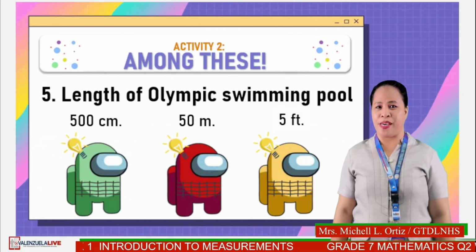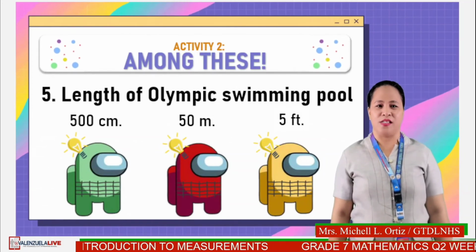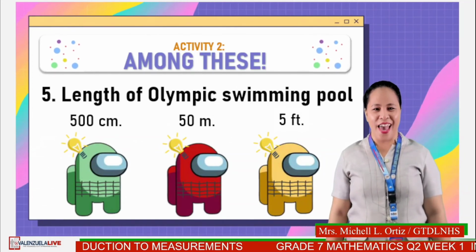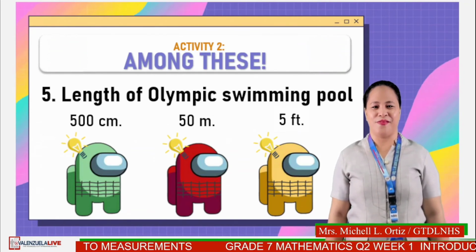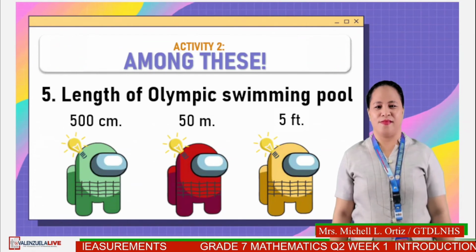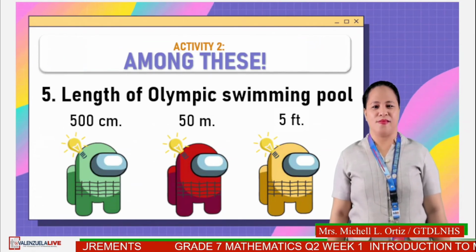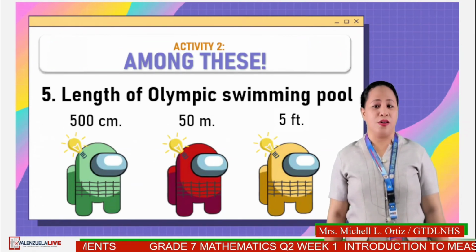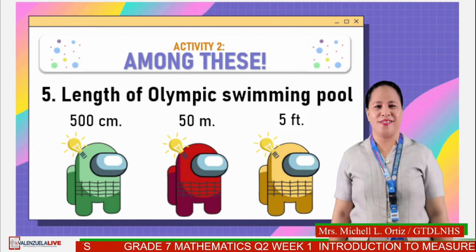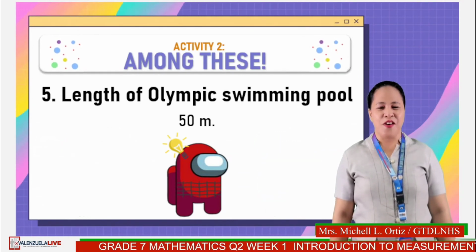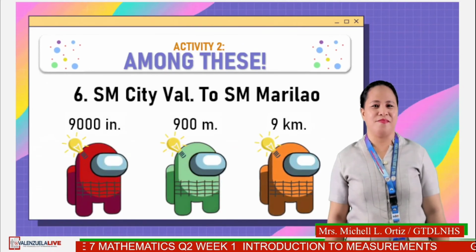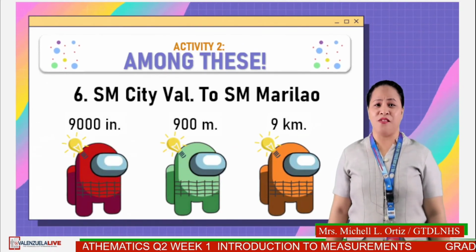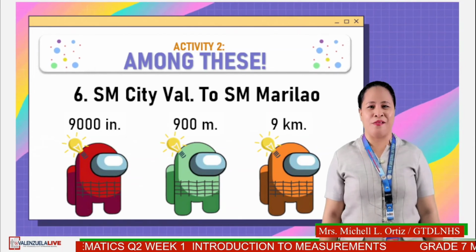Number 5, length of an Olympic swimming pool. Is it green, red, or yellow? 5 seconds, go! The correct answer is red, 50 meters. Number 6, SM City Valenzuela to SM Marilao.